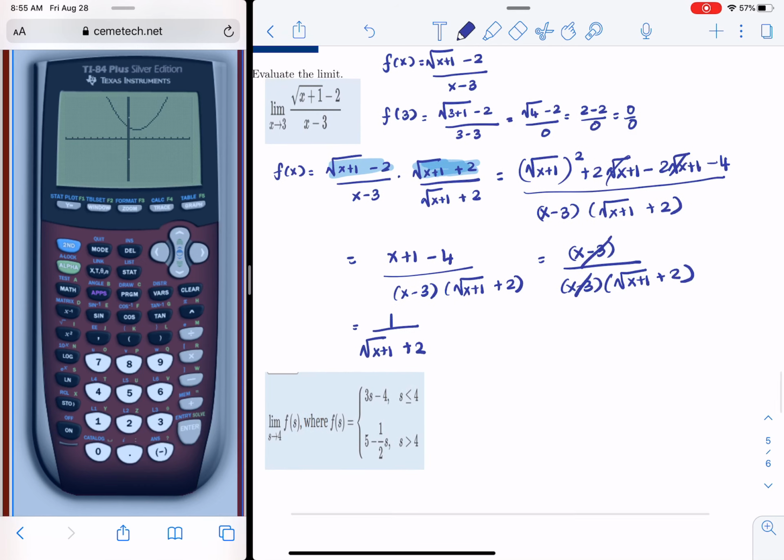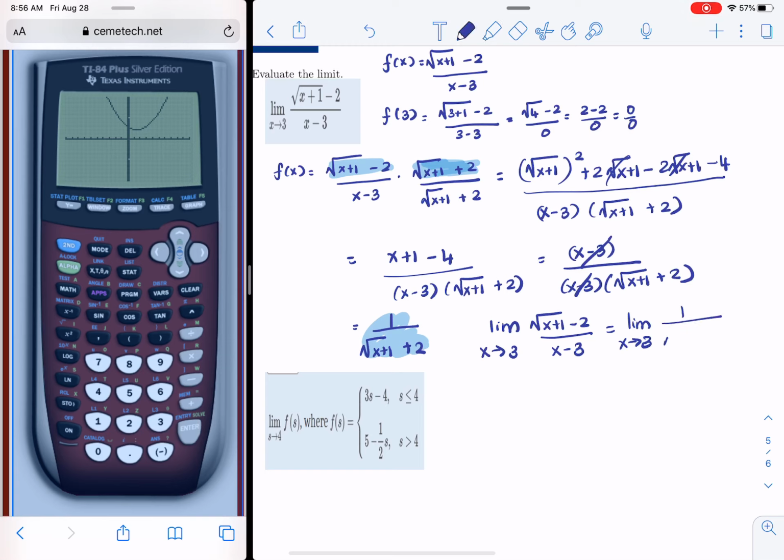So whether I take the limit of the original function or the limit of the reduced function, which we have here, they are one and the same. The reduced function, though, is continuous. So when I plug in 3, the denominator is not going to become 0.